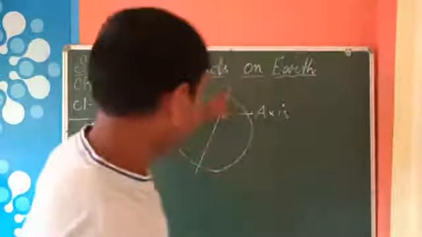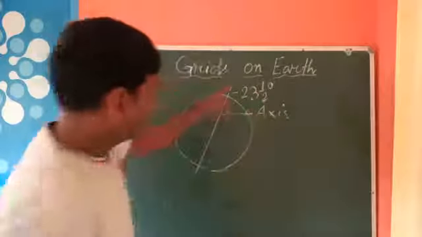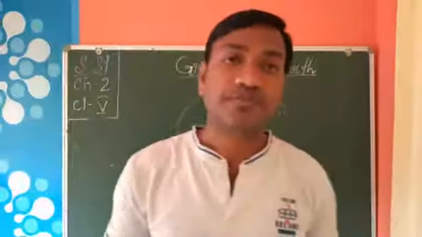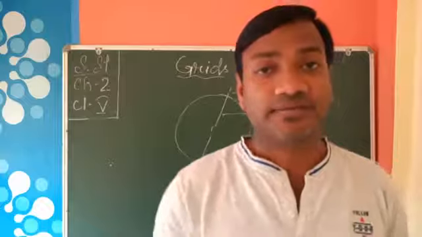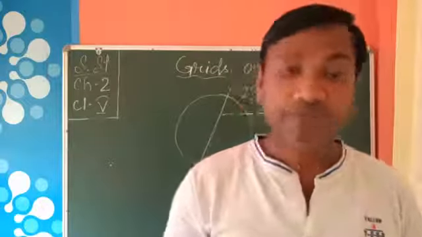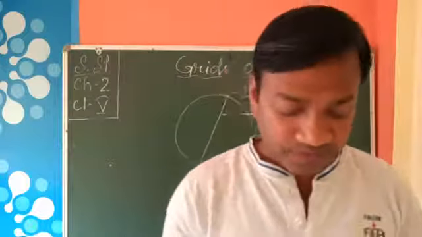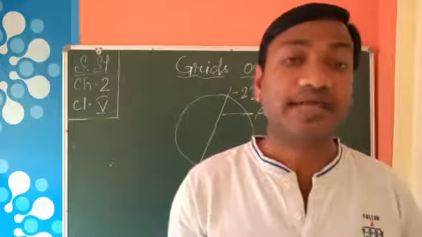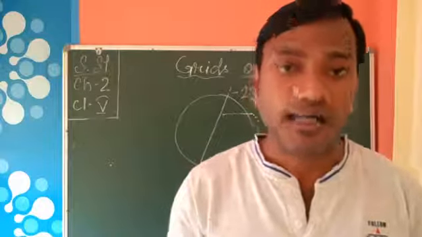It is tilted 23.5 degrees. That means it is in a slanting position. The globe is also designed similarly, like our earth. That means the globe is the exact model of the earth.